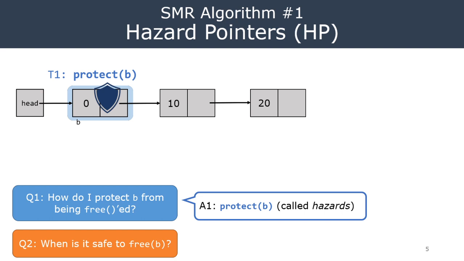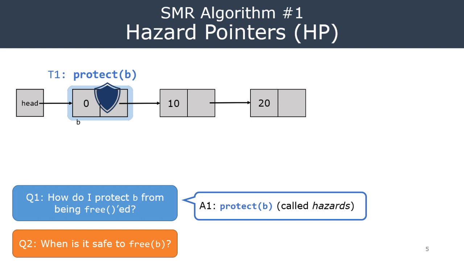Okay, so far so good. Let's assume that all the threads have already written down the list of protected pointers that they will access or dereference. Now let's move on to Q2. When is it safe to free a block B? Let's assume that you just removed the block B from the linked list by performing some CAS or some other atomic operation.